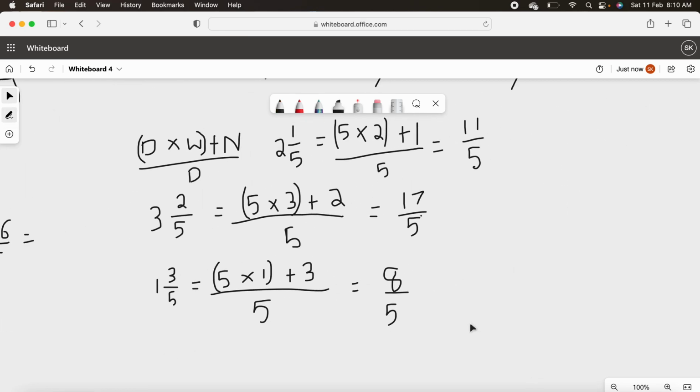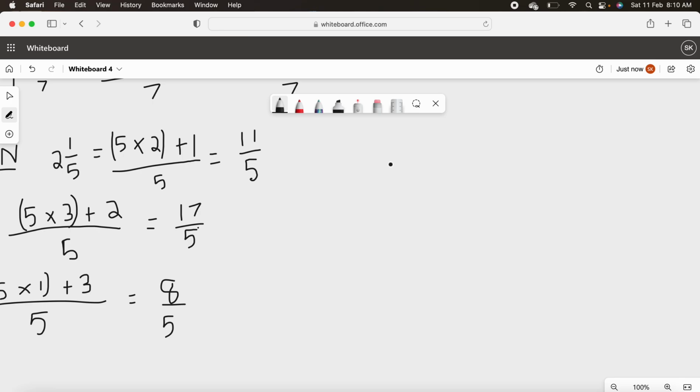How do you convert into mixed fraction? Let's take some real estate here. 36 by 5 is nothing but 36 divided by 5. Think like that, yeah? 5 sevens are 35. Remainder 1. This becomes the whole number 7.